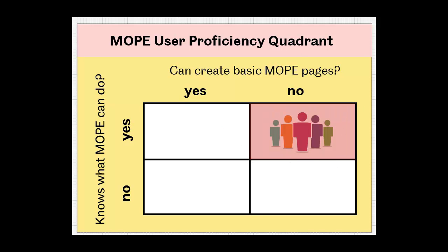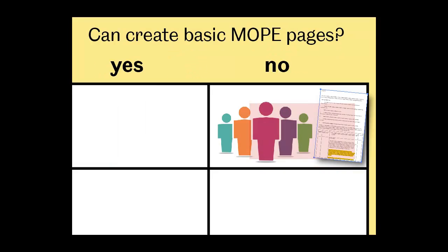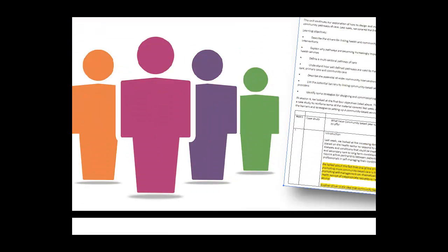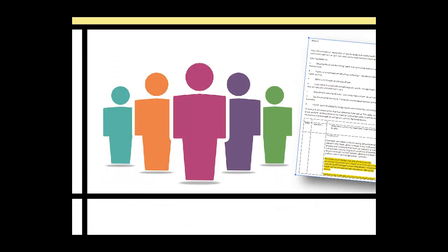And the people in this quadrant are basically using a template that we've developed in Google Docs, which allows staff to explain via this table template exactly what they want to do on which page, and they know, because they've either looked at other modules or had experience of delivering modules themselves, what we can do. They just don't know which buttons to press, or they've not been given access to MOPE yet. So that's not so bad.